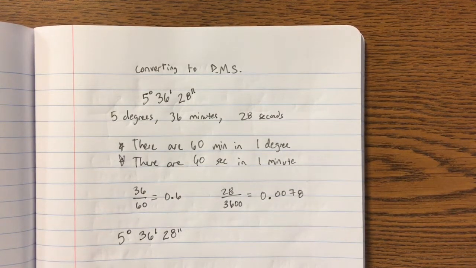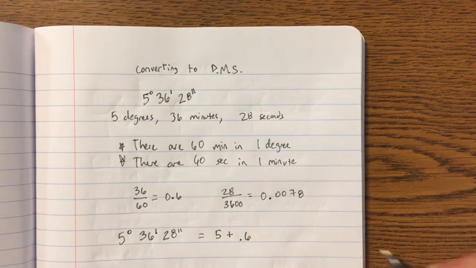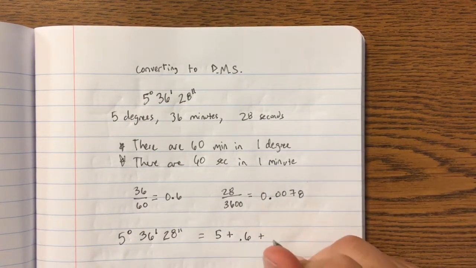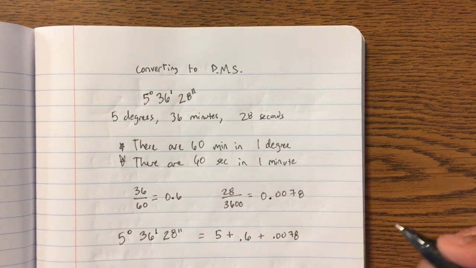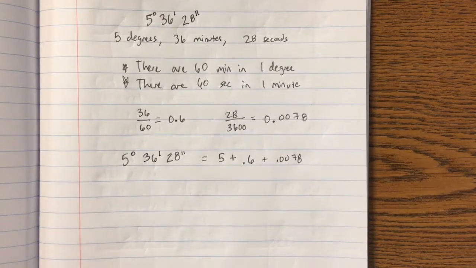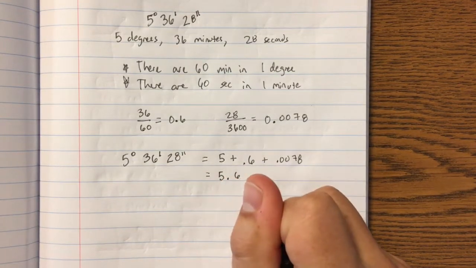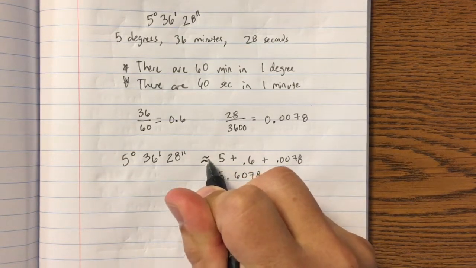So you have the 5 whole degrees that you started with, plus the 6/10 of a degree that are coming from the minutes, plus the 0.0078 degrees that are coming from the seconds, and you just add them together. So we get 5.6078. And that's roughly, I guess I should do an estimate here.